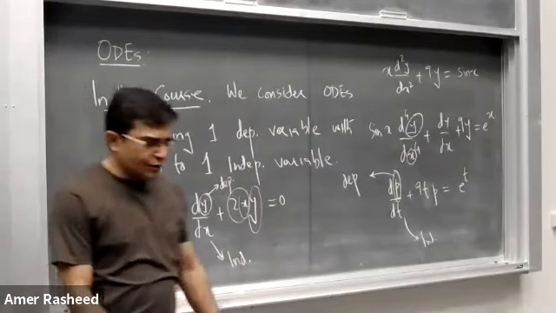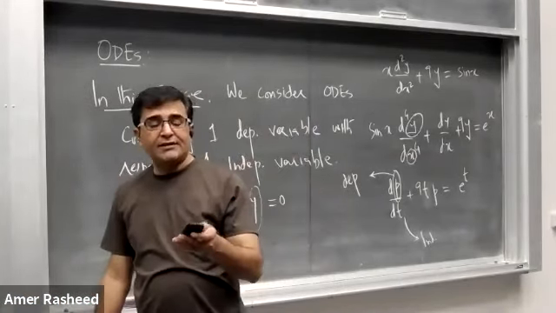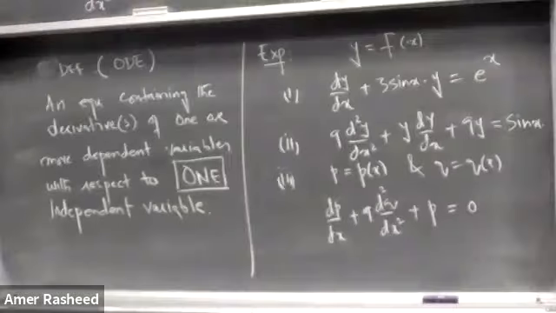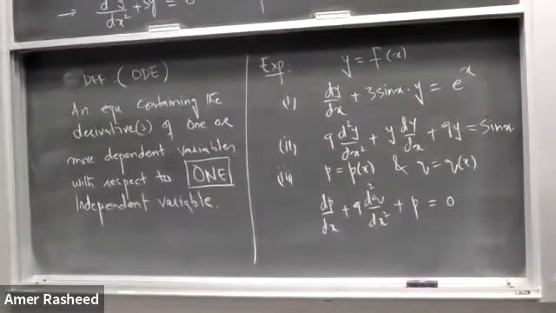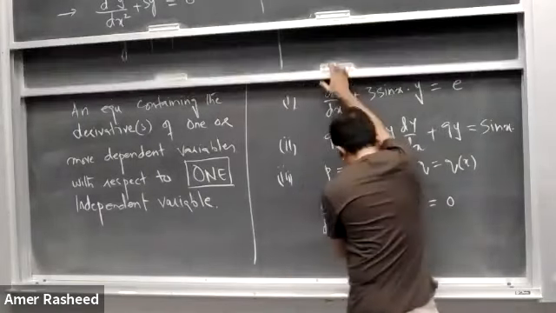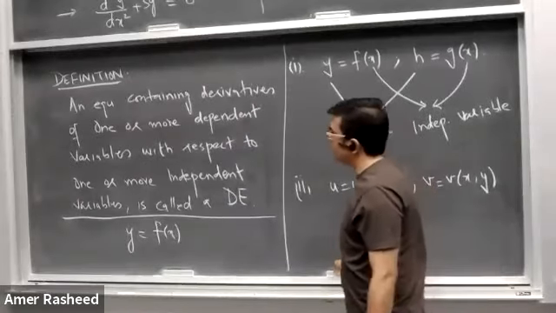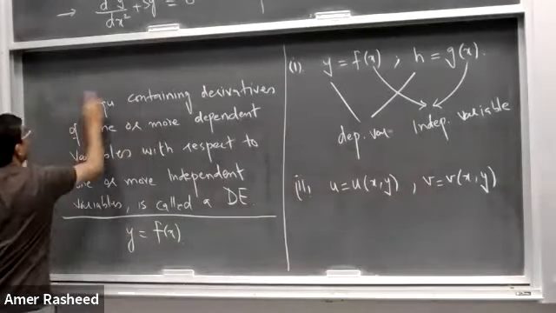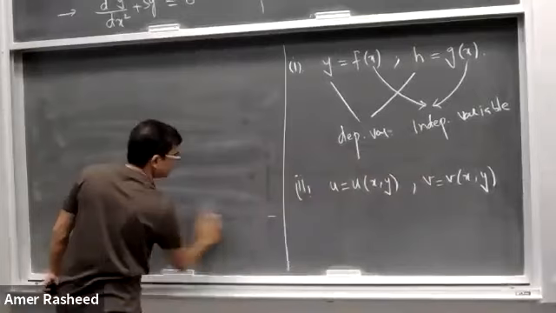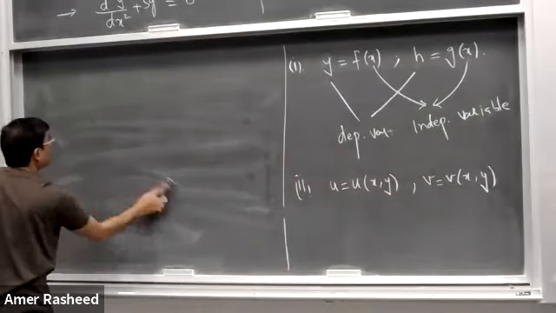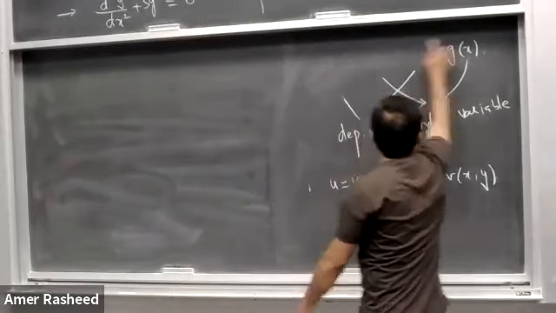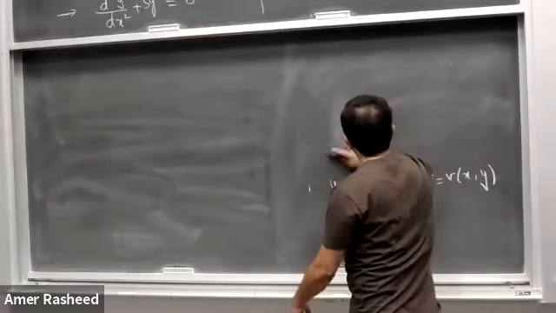There are two possibilities for where these differential equations come from. How can we derive these equations?